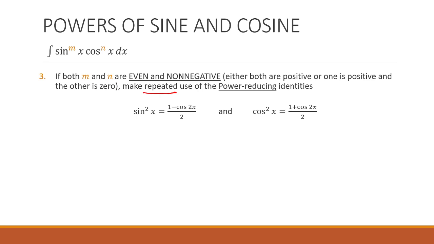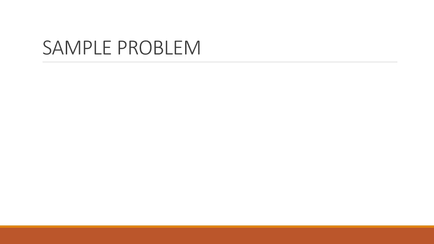Okay? So let's try using these identities. We have here sine raised to 4 of x, cosine squared of x. Both are positive even numbers. Tama ba? So if that's the case, then we can apply power reducing identities.